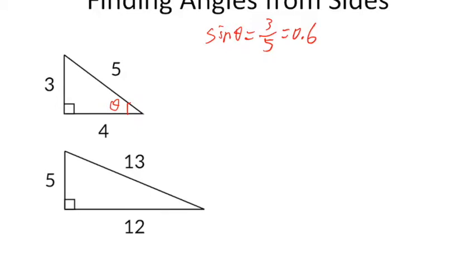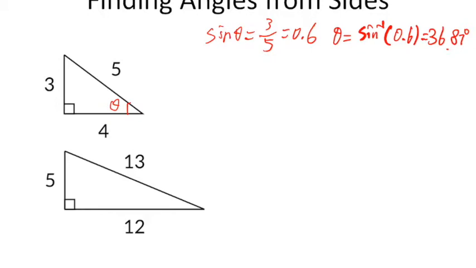Now what you can do, in your calculator, you find the inverse sine function. So inverse sine of 0.6 will give you the angle. Of course, on your calculator, you need to know there are 2 units for angle. For this one, you need to put your unit into degrees. Inverse sine of 0.6 on your calculator you find is 36.869, I think. But let's round it up to 36.87 degrees.